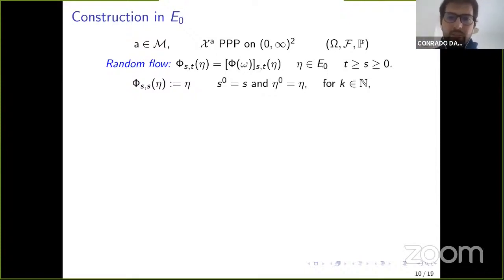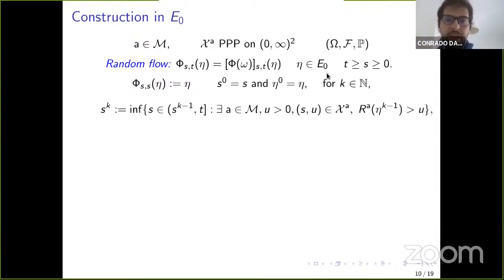We can build a chain of events just by looking at what is the first time that we see a mark that is allowed. This may look cryptic in the beginning, but the Poisson point processes are in the positive quadrant. They have rate 1, a Lebesgue measure Poisson point process.